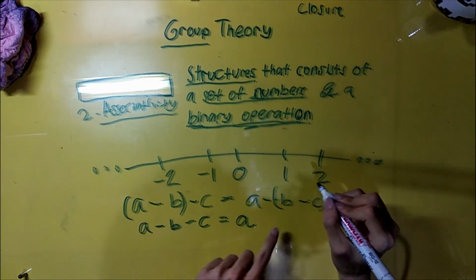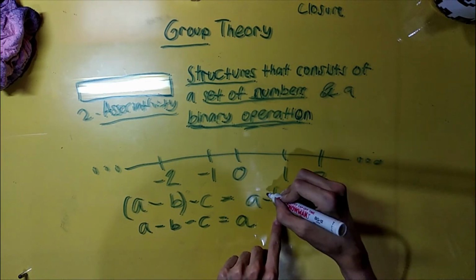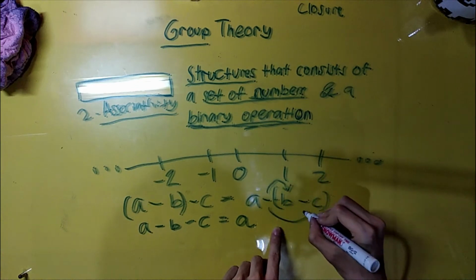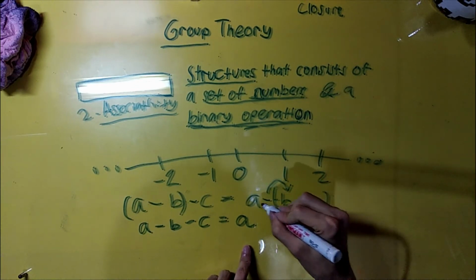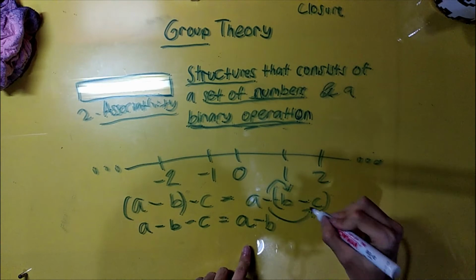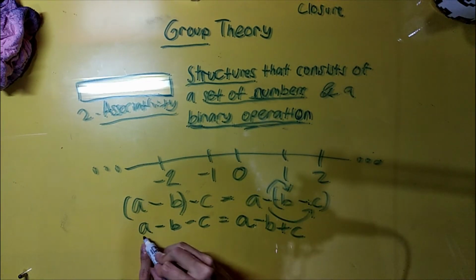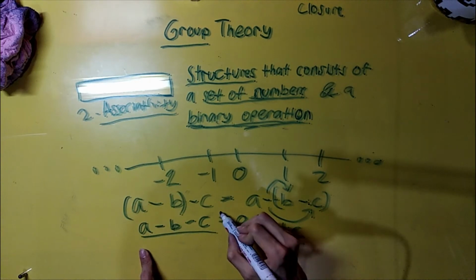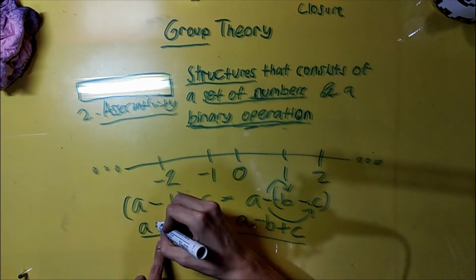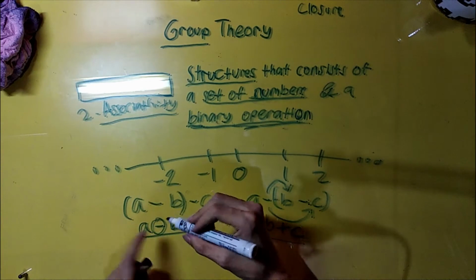But over here, we can't just ignore the bracket. The negative can distribute inside, and that becomes A minus B. Negative and negative becomes positive. And you'll see that this thing is not equal to this thing. This means that subtraction is not associative.